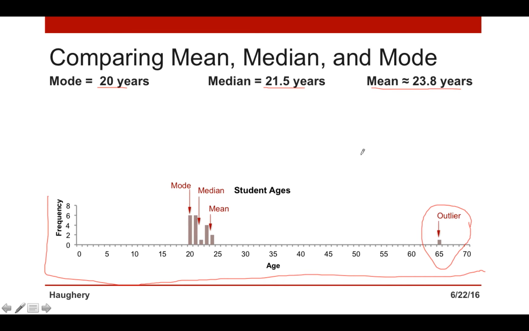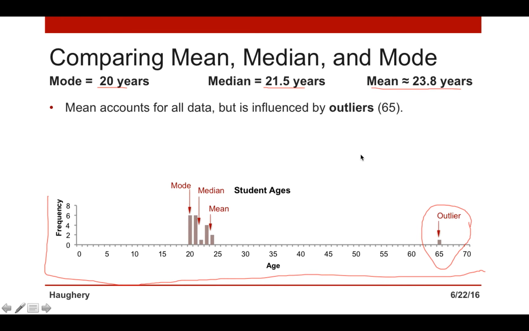When we look at these different statistics, the mean accounts for all the data, because we take all values and divide them by how many values there are. But it's influenced heavily by outliers. That age of 65 pushed the mean up towards the right of our data set.